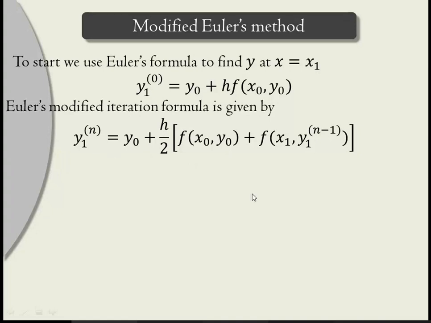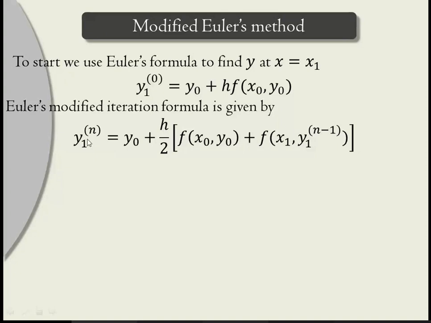So what to do? Firstly, get the zeroth iteration by using Euler's formula. Then for finding the next iteration, find the mean of f of x0, y0 and f of x1, y1, which we got from Euler's formula, multiply by h, and add y0.